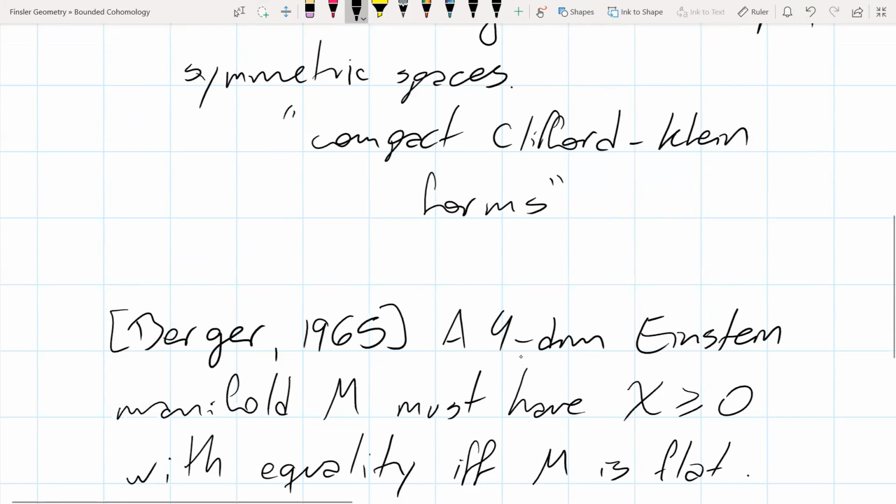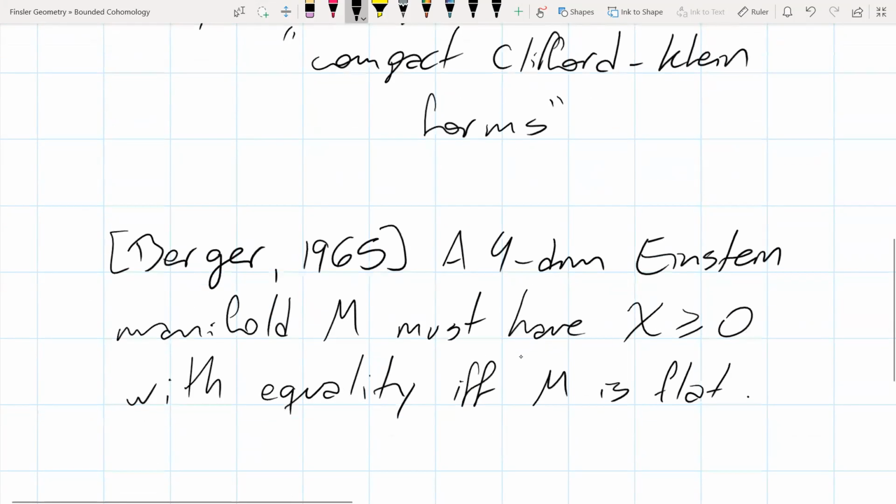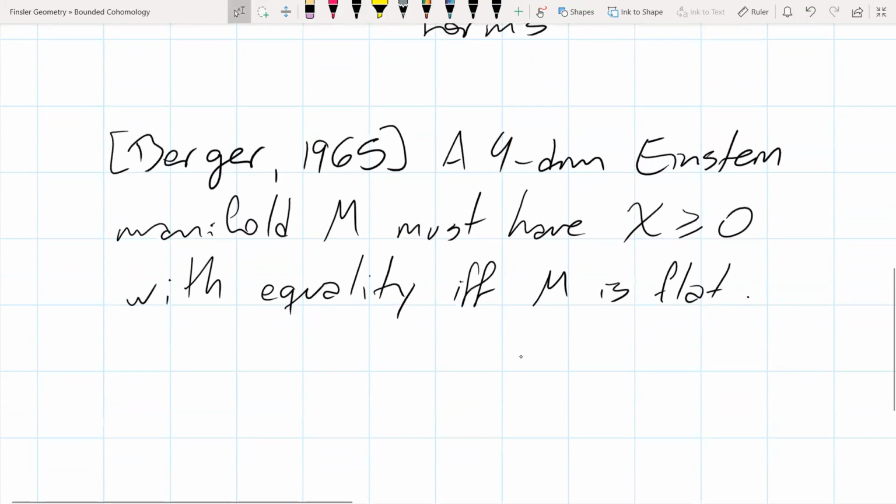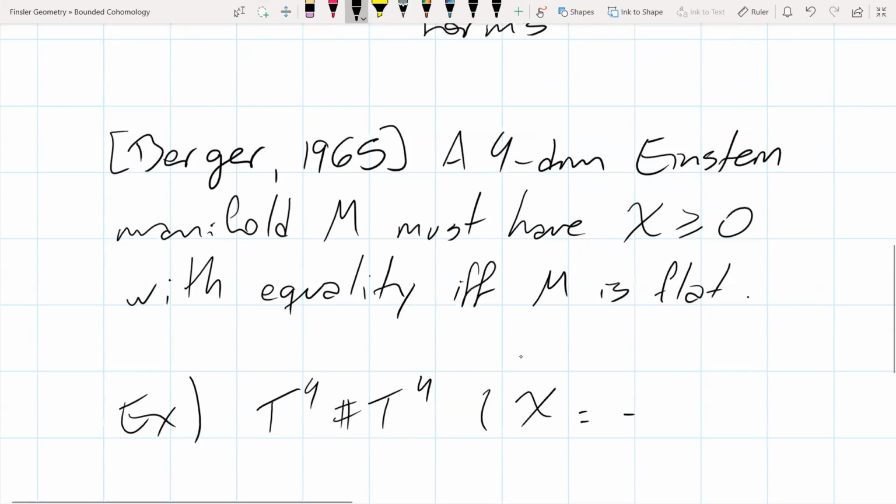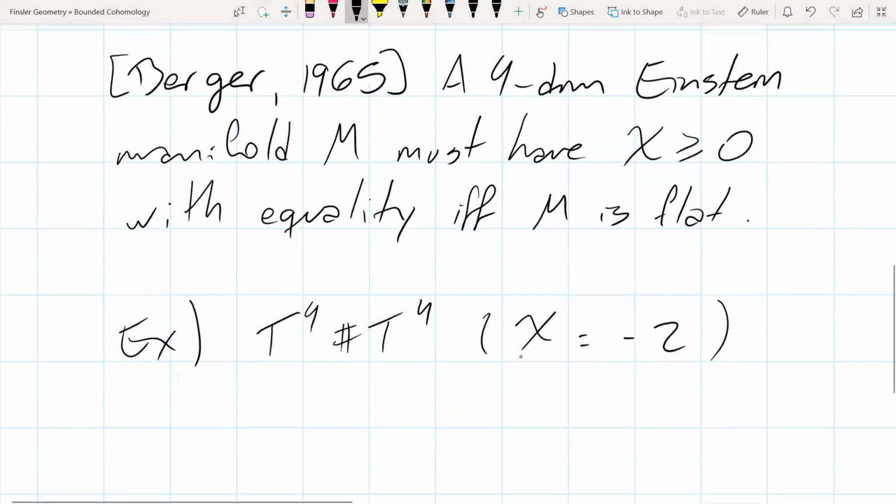What we're doing is we have a couple of examples of compact four-dimensional manifolds, and we're trying to produce examples of spaces that cannot be endowed with an Einstein metric. And so we have this result by Berger giving us some sort of topological obstruction. For example, here you have the connected sum of 2 four-tori, which will have Euler characteristic -2. So it cannot be endowed with an Einstein metric.